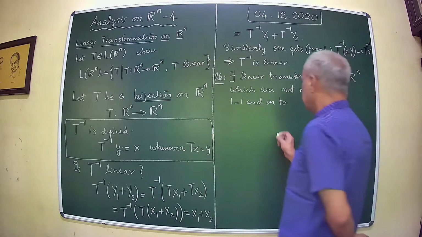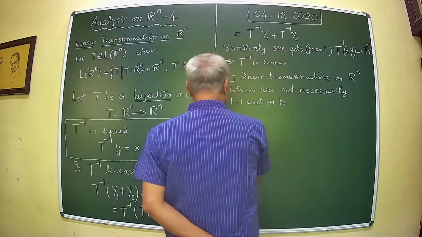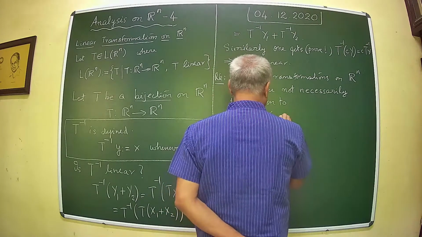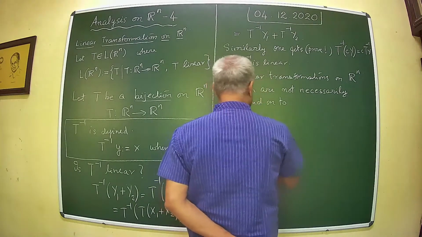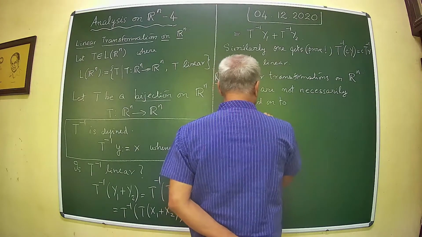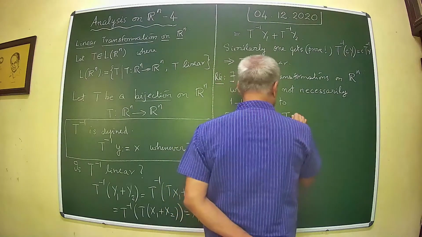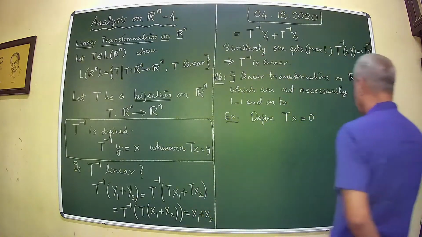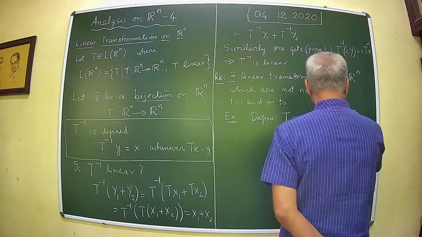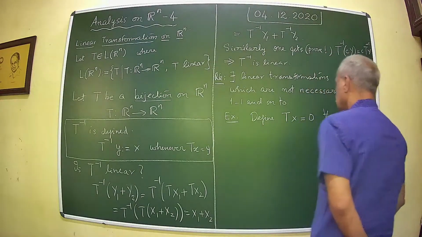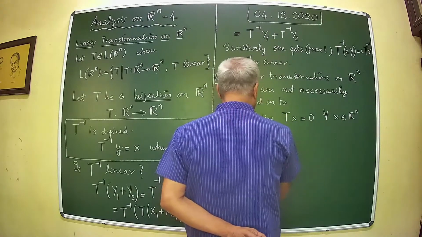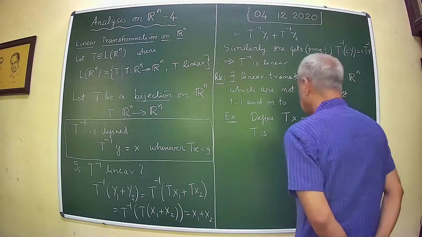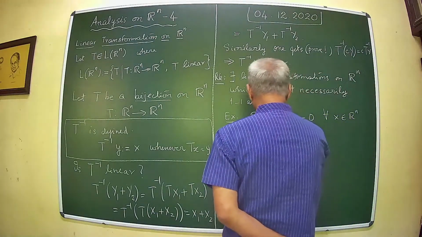For example, as an example, take T0, define for every, then T is or T belongs to.